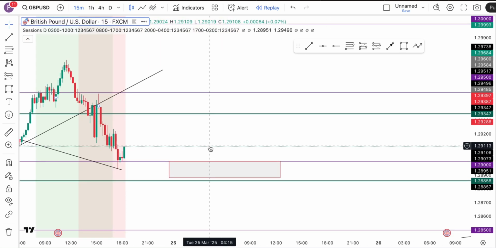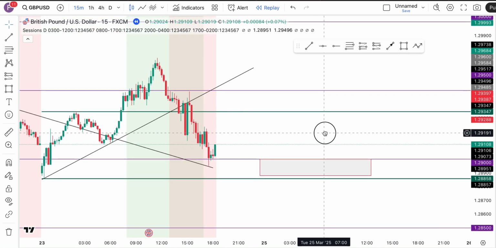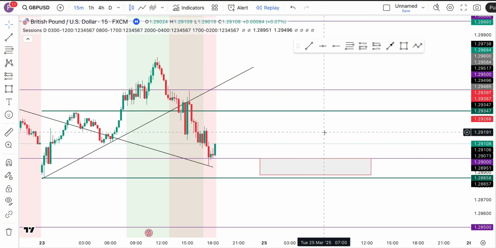Remember that we have psychological level on our screen. We have high or low of the week on our screen. We have trend line, right? And the fourth confluence is chart pattern. What we want to do is see at least 3 of those confluences come together. The most important one that must be there is chart pattern. We want to see at least 2 plus chart pattern, which makes 3, come together to initiate a decision.